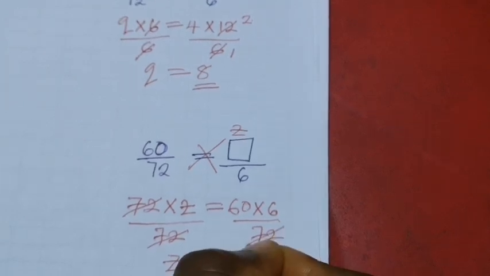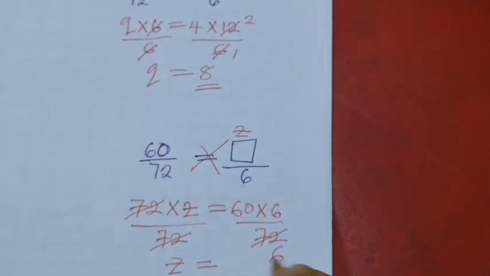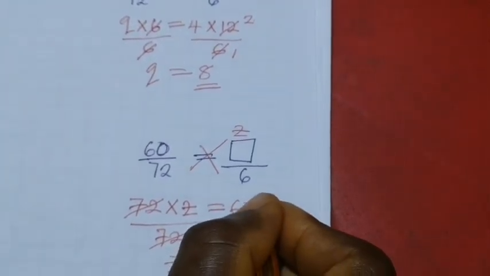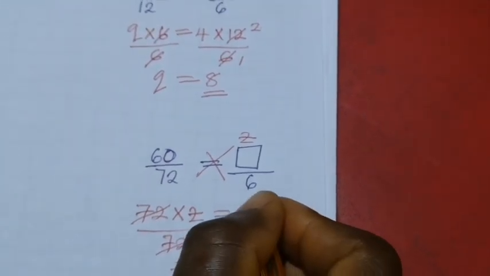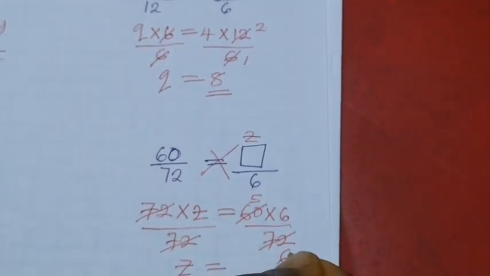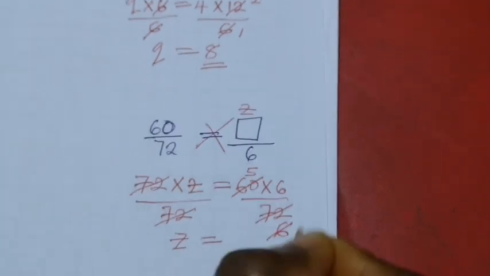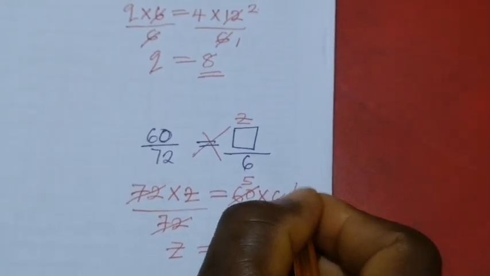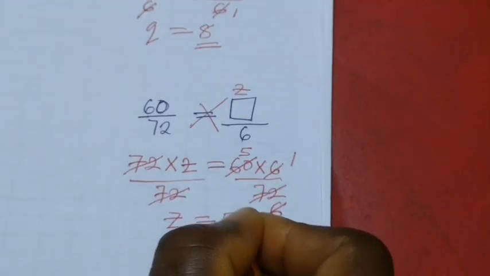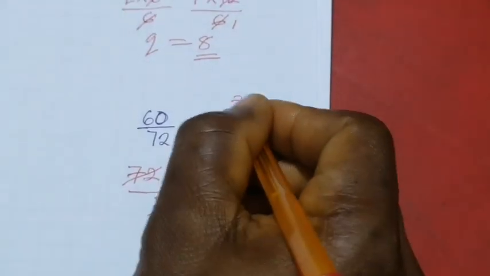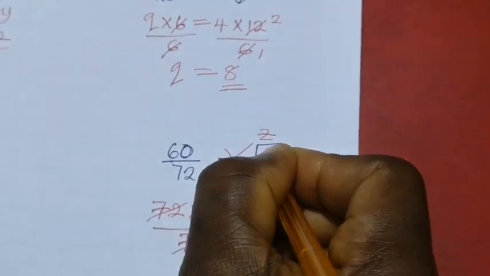So 12 in 72 is 6. Then 12 in 60 is 5. Then 6 here is 1, 6 here is 1. So that 1 times 5 is 5. Okay, so here, the value here is 5.